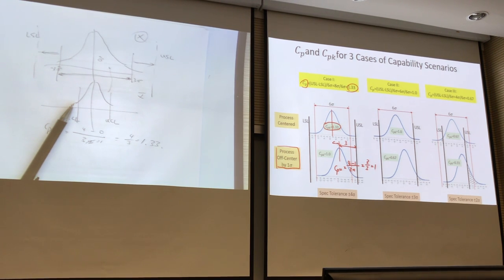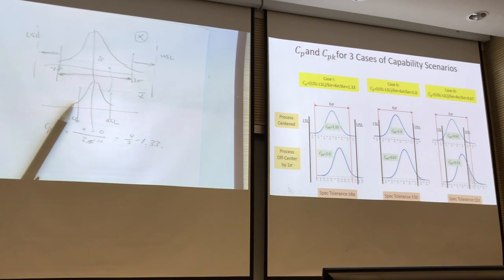And CPL is originally 4, now 5, so 5 divided by 3 is about 1.67. So what is the CPK? It is the smaller of the two, so it's equal to 1.